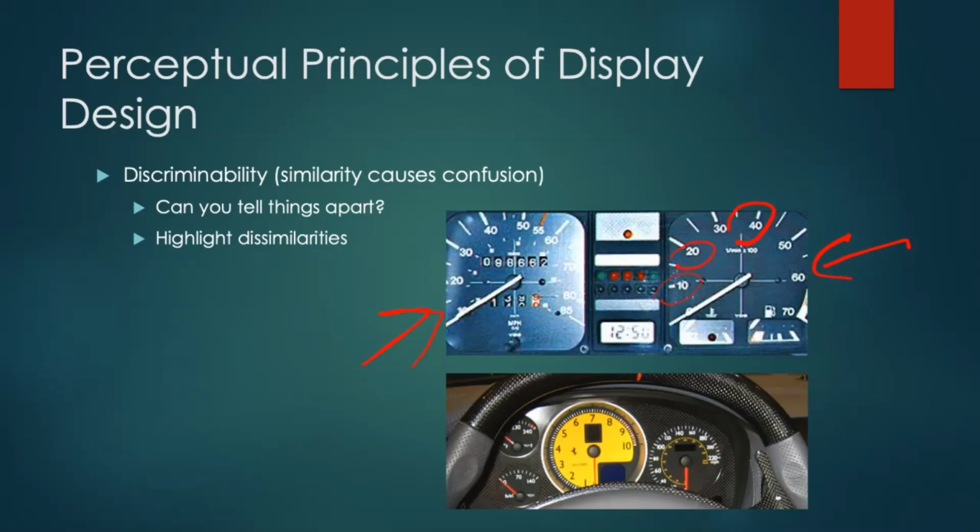This is why you now get displays that not only have these different numberings, but also have very discriminable backgrounds, like the yellow here. They want to make it as easy as possible for you to look down and differentiate between what you're looking at.